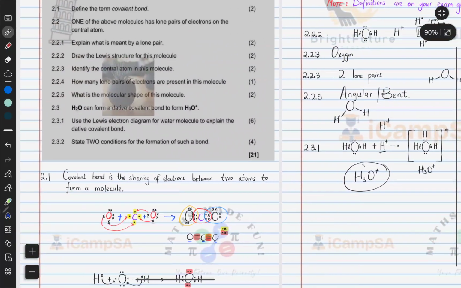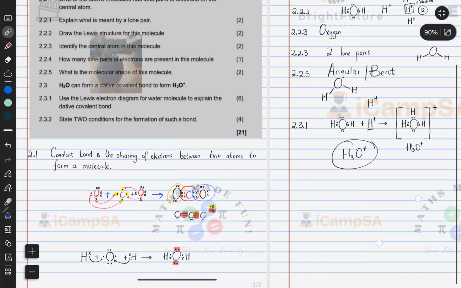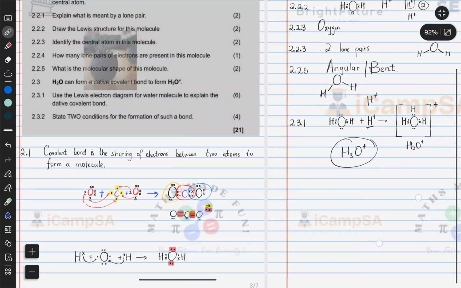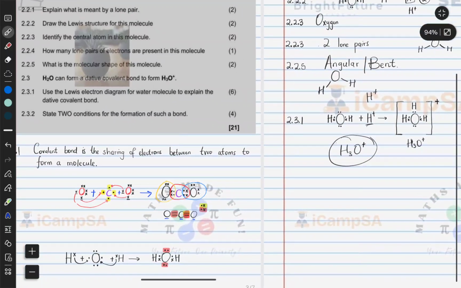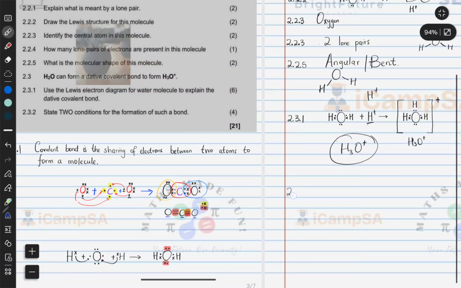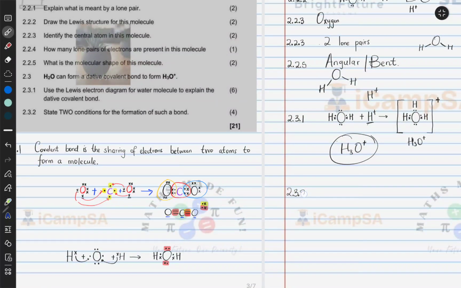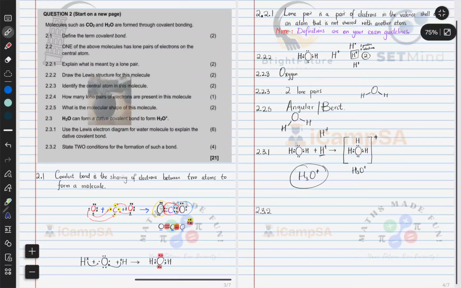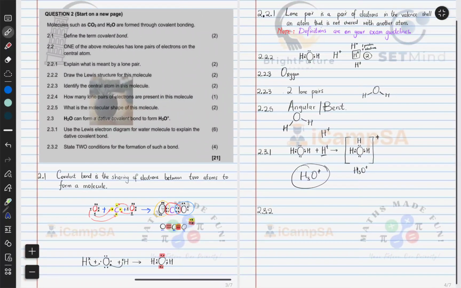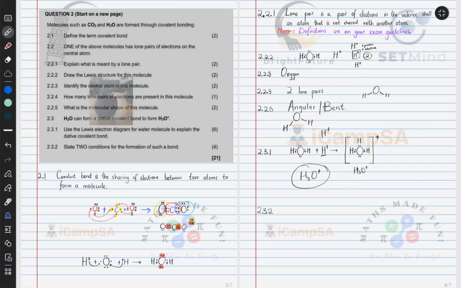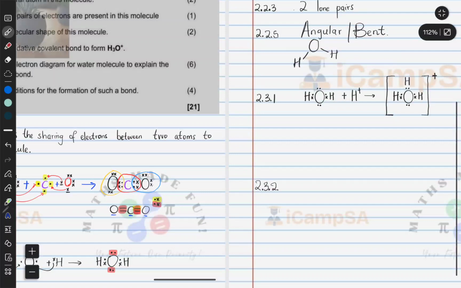All right, let's close it off with the last one. State 2 conditions for the formation of such a bond. For the formation of a dative covalent bond, because that's what they're referring to, you need basically 2 conditions.